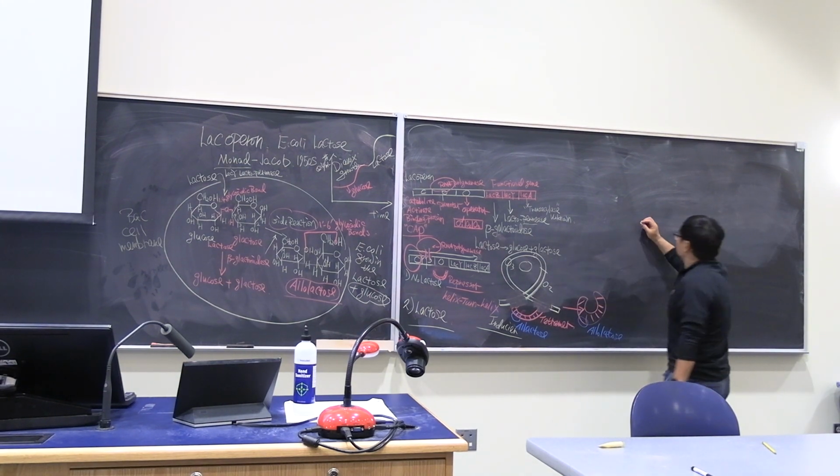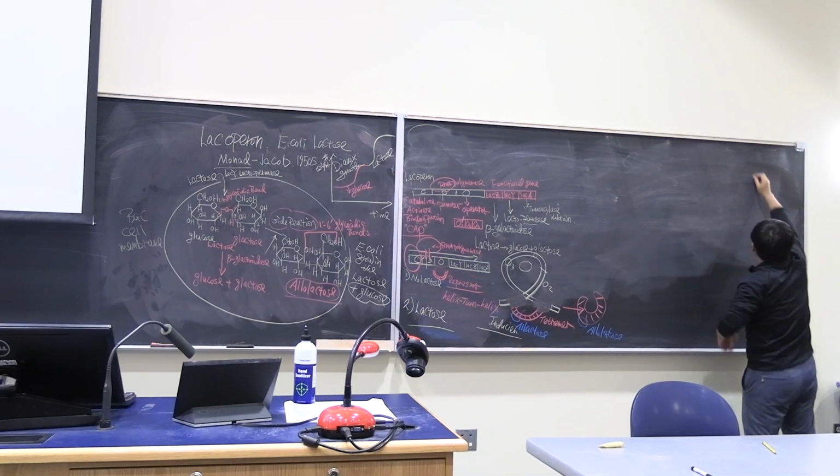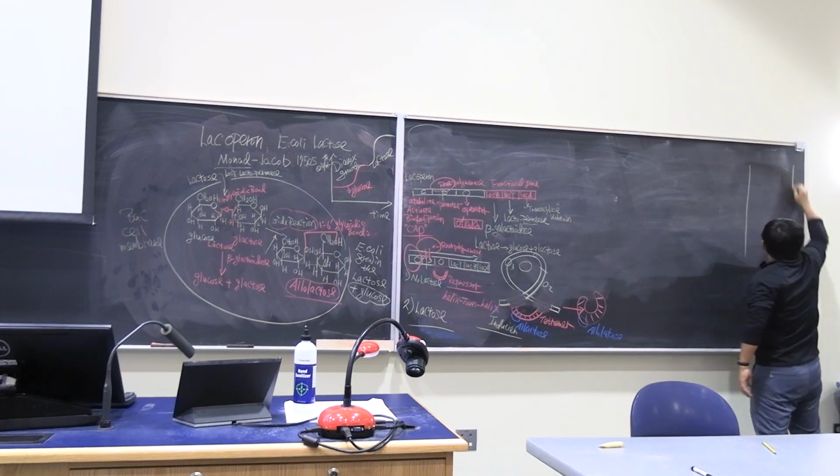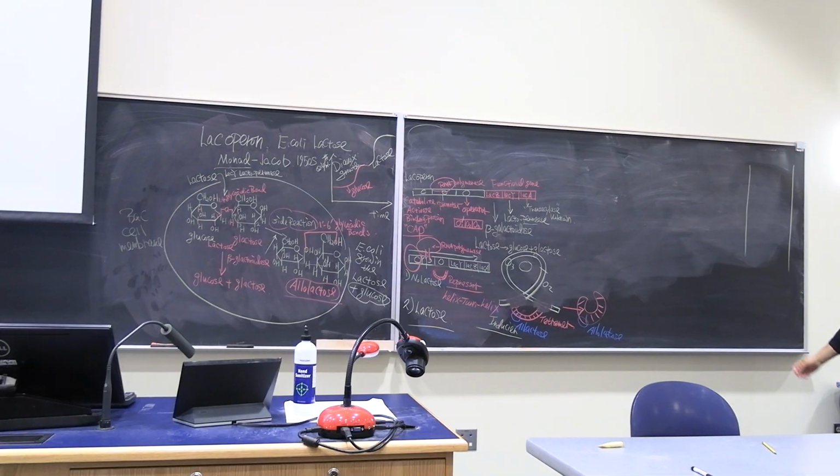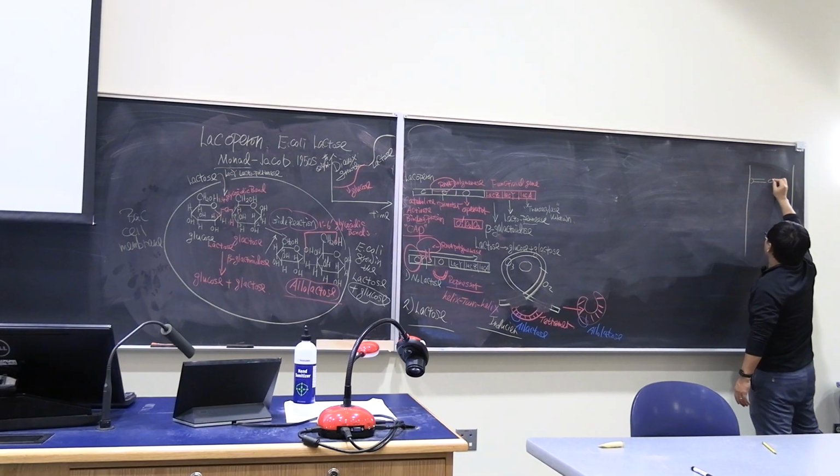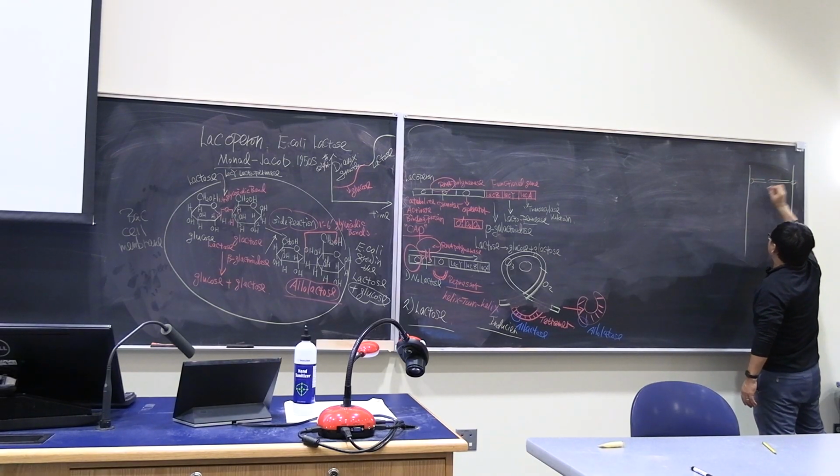Okay. Let's draw here. You still remember the basic structure of a bacterial cell wall and membrane system. That's called the fluid mosaic model.